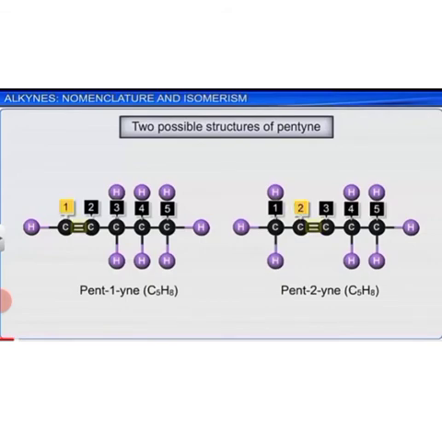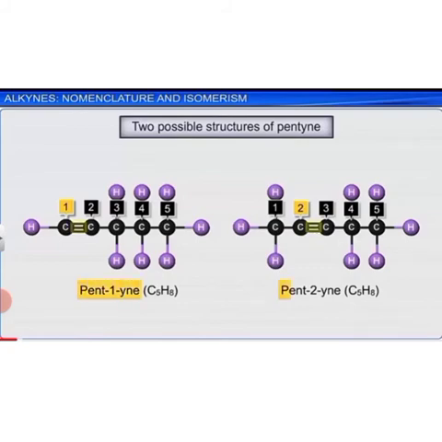For example, pentyne has two structures, as shown here. In one structure, the position of the triple bond is 1, whereas in the other, it is 2. They are named as pent-1-yne and pent-2-yne.